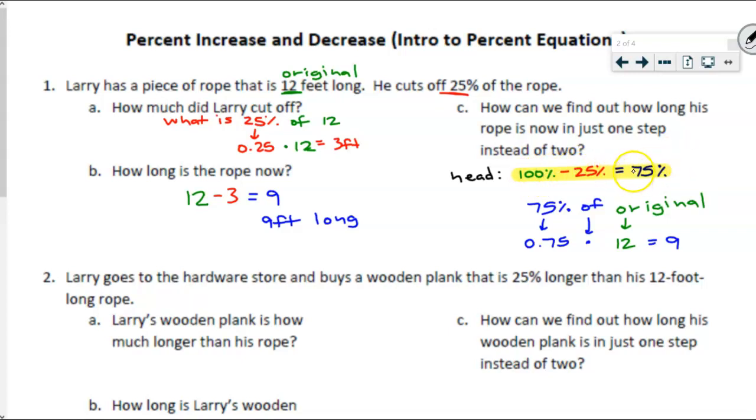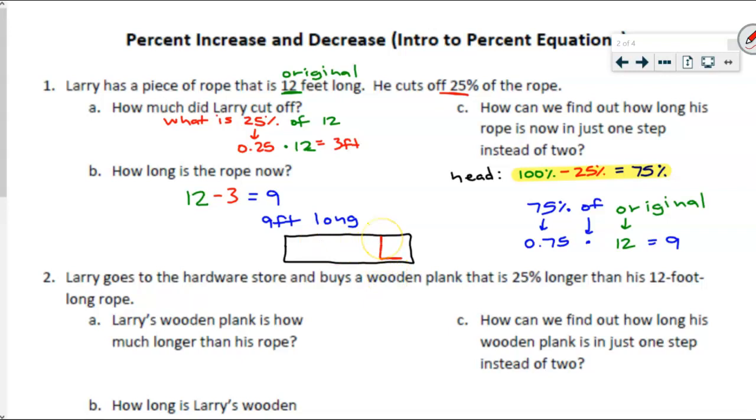Once I know that it's 75% of the original, then I can do the calculation. Here, 2 steps. Step 1, we first have to find out how much he cut off. Step 2, then I can see how long the rope is. We did this in both of our last two lessons with the model, not a perfect model, but here's that full original amount.